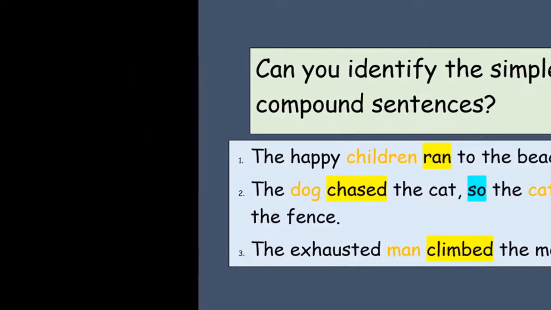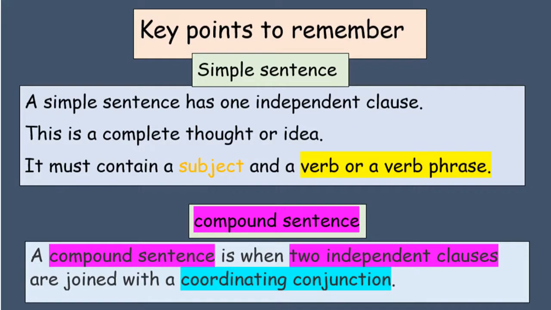Well done. Let's recap on some of our key points from today. A simple sentence has one independent clause. This means it's got a complete thought or idea. A simple sentence must contain a subject and a verb or verb phrase.